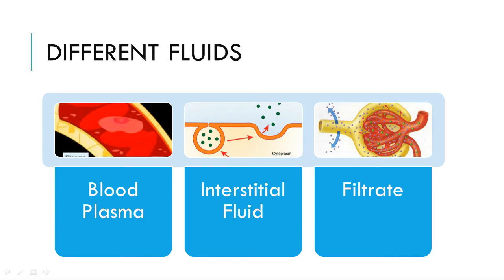The term filtrate, where is this located? Your filtrate, let's be more specific. It's formed at the glomerular capillary. So where would it be located then? Trapped by the Bowman's capsule, transported through. So your filtrate is located in the entire nephron.